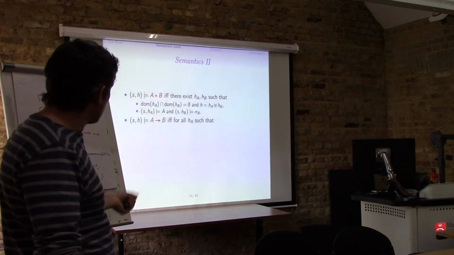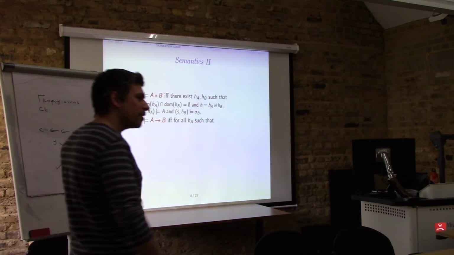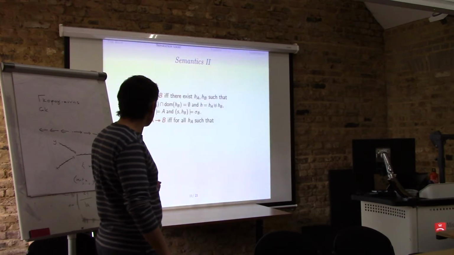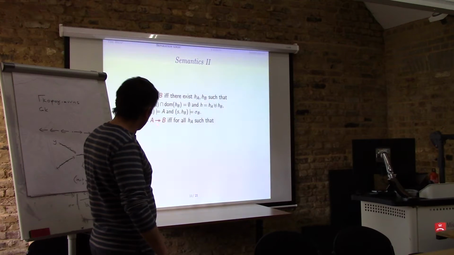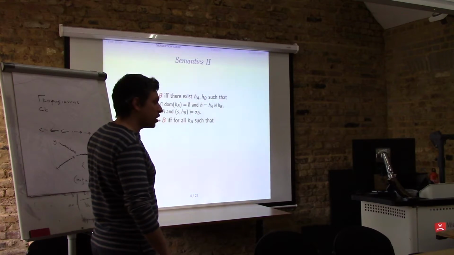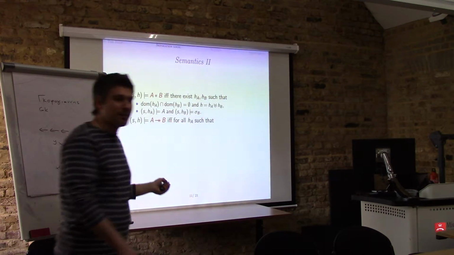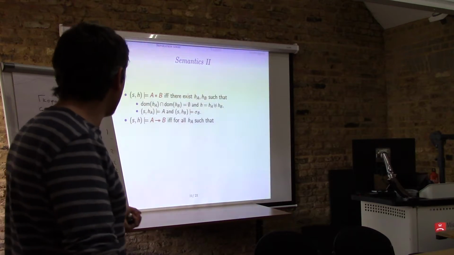And just for fun, I'm going to show you the separating implication, A magic wand B, because that's kind of a cute name.